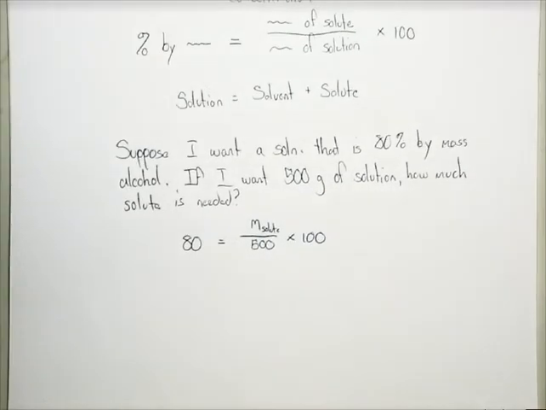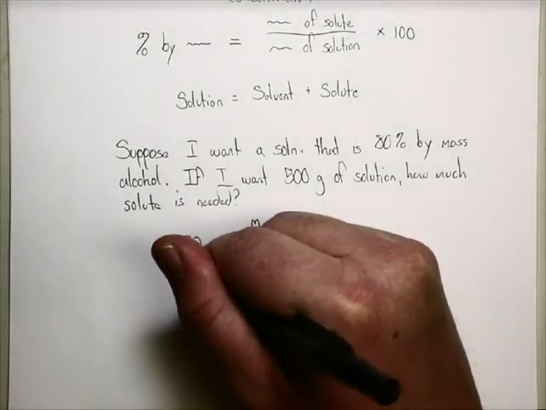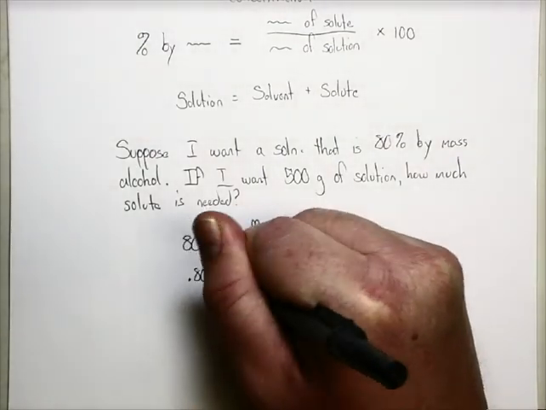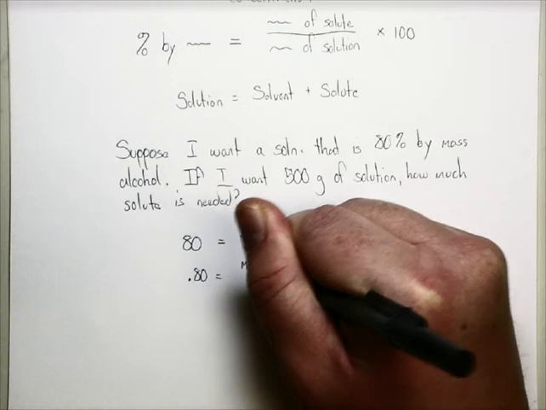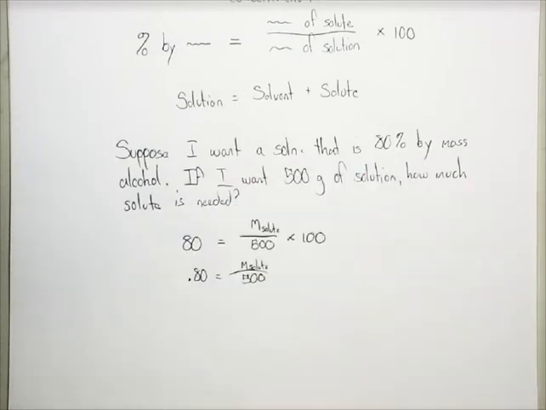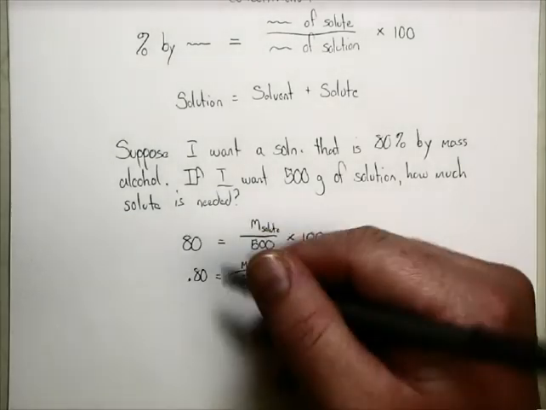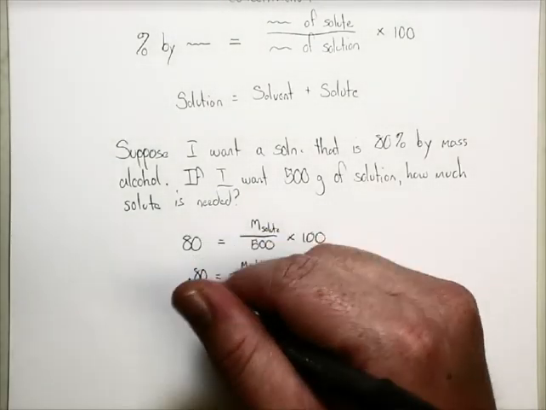And now it's a simple math problem to solve for that. So first thing, I've multiplied by 100, so I divide by 100. 0.8 equals the mass of the solute over 500.